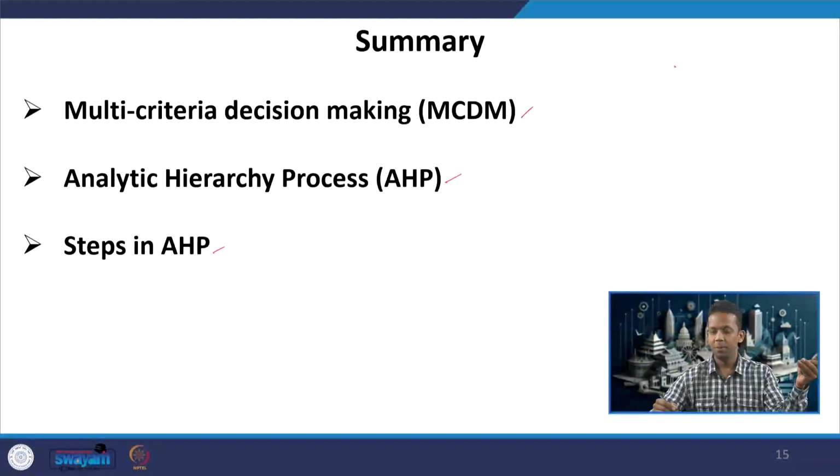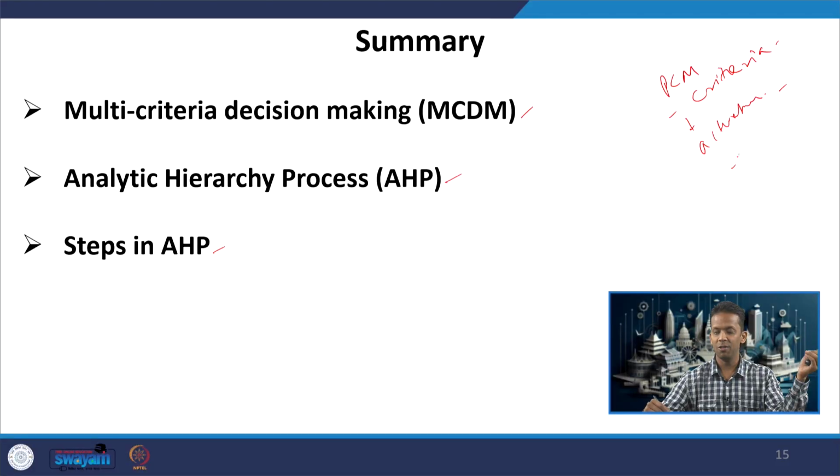First you prepare the pairwise comparison matrix for criteria, and I have explained how to fill that pairwise comparison matrix. The diagonal elements should be 1, the reciprocal nature of the matrix should be maintained, and then once you get the weightage of criteria, for each criterion repeat the same thing for alternatives. Okay.